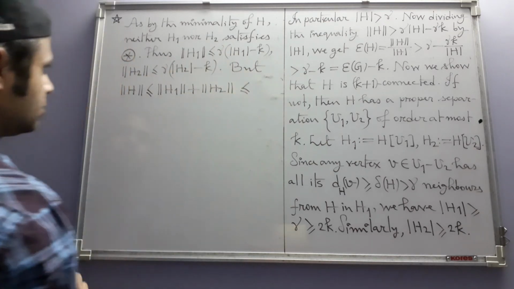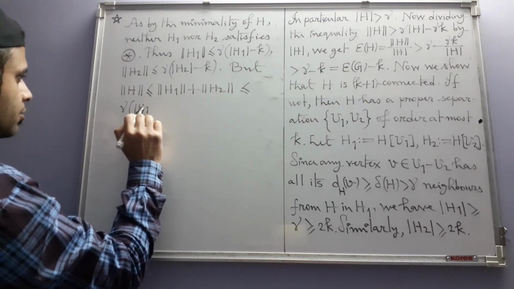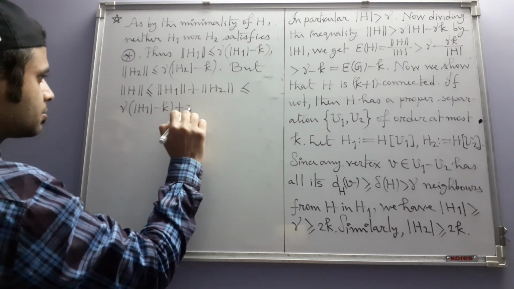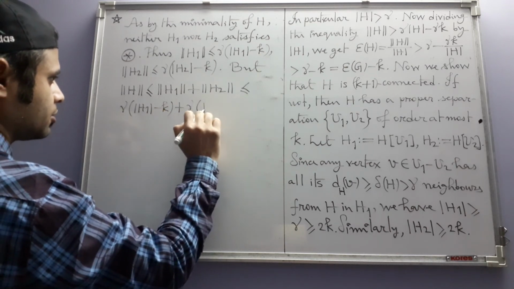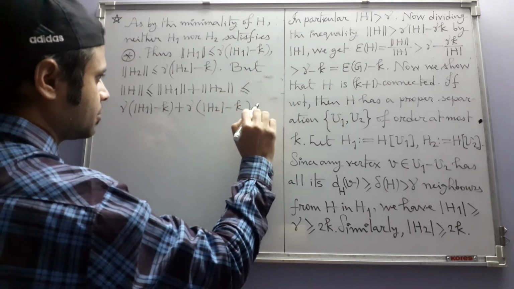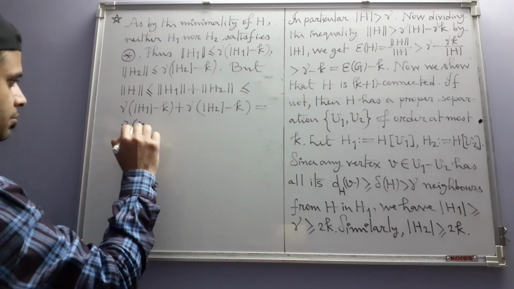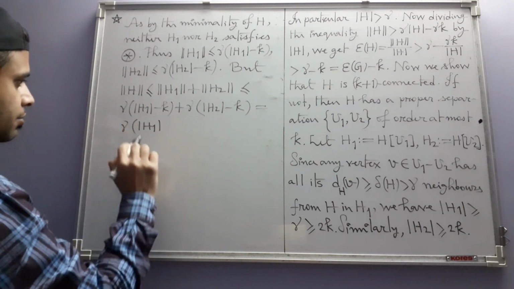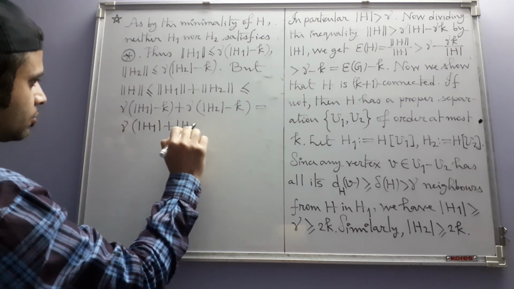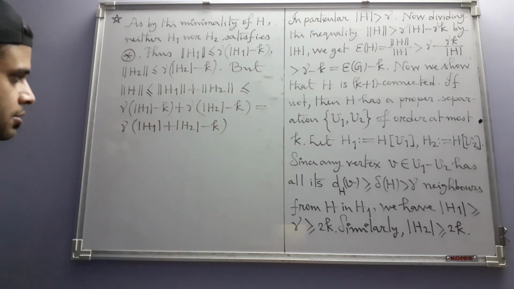So this will be less than or equal to gamma times the order of H1 minus K plus gamma times the order of H2 minus K, and that is equal to gamma times the order of H1 plus the order of H2 minus 2K.